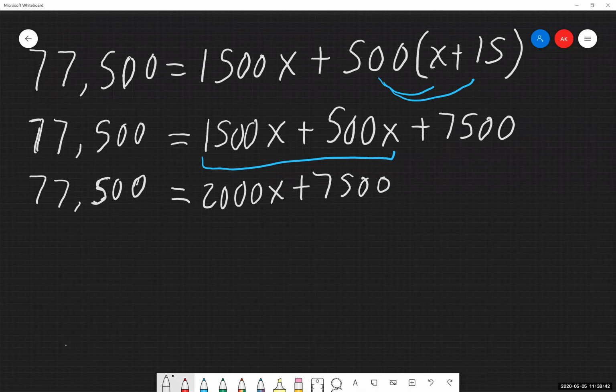So I have my variable term isolated to one side, or it's on one side, I should say. And now I want to isolate it all the more by getting rid of this 7,500. Again, we're following our 3.5 process. So I'm subtracting that 7,500 from both sides of the equation because I want to get x by itself.